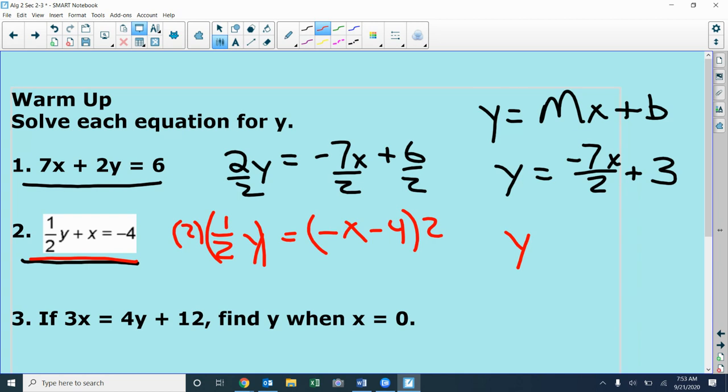So I'm going to end up with y, 2 times 1/2, these end up canceling, I end up with y. Here I'm going to end up with negative 2x minus 8. And there you are, again, in your slope intercept form. So again, why am I practicing this? Because we're going to need to be putting stuff in y equals mx plus b.